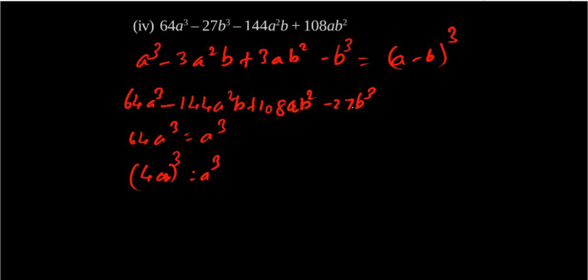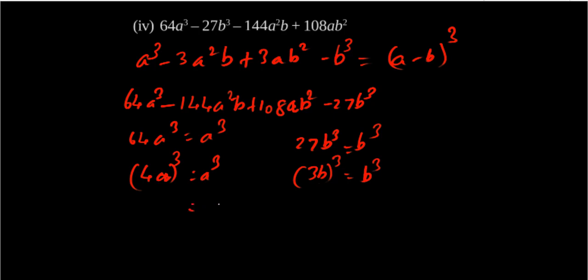The same way, the other cubic term is 27b cube, that is in place of b cube. This can be written as 3b the whole cube, that is equal to b cube. So we identify what is a, what is b. Let me substitute here.